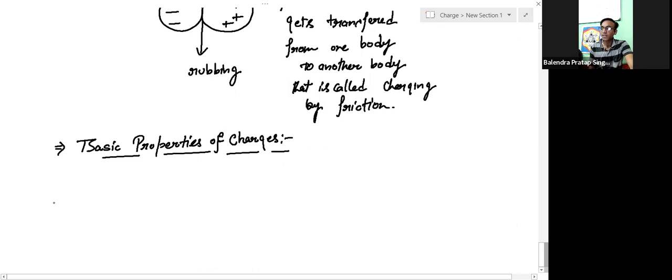The first one is additivity. The other one is quantization. And the last one is conservation.